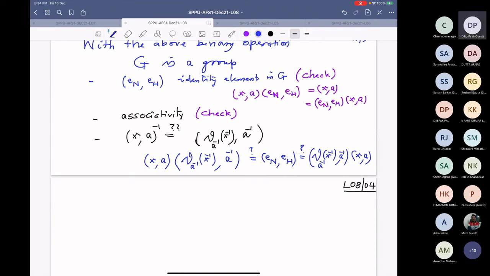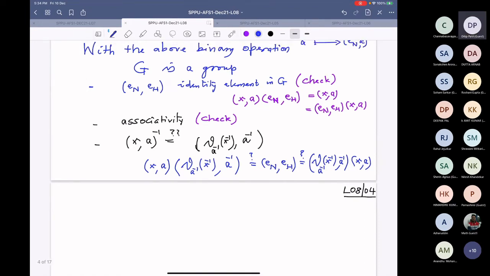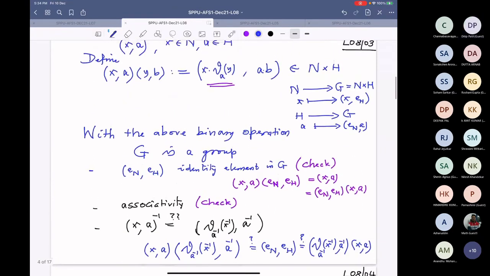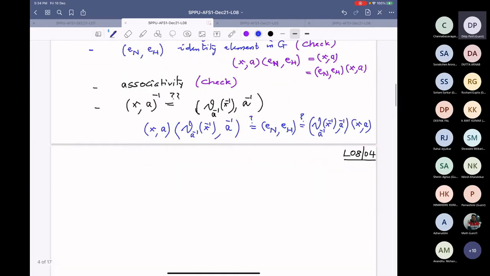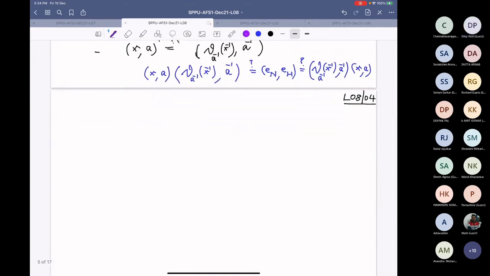So we have checked that G is a group. As I said, it is just a product set, but the group structure is different. The binary operation is different. So to distinguish that, we denote this group by N ⋊ H and not the cross product. This is obviously not allowed, so I will just change this notation to this.